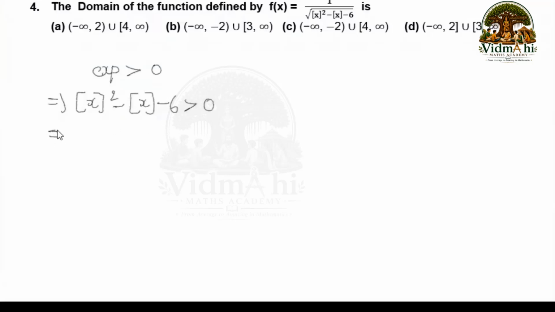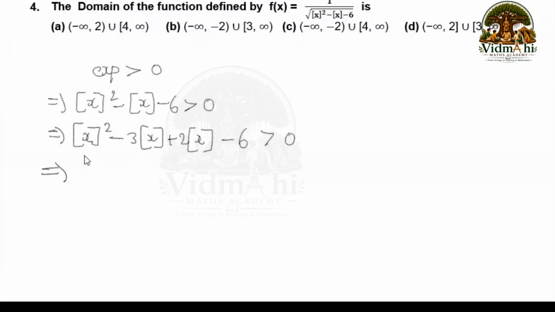So, greatest integer of x square minus 3 into greatest integer of x plus 2 into greatest integer of x minus 6 greater than 0. In these two, greatest integer of x is common, take it out as common.